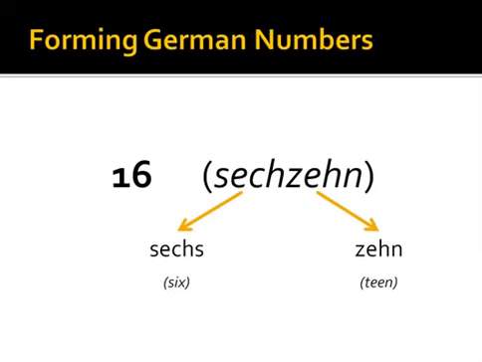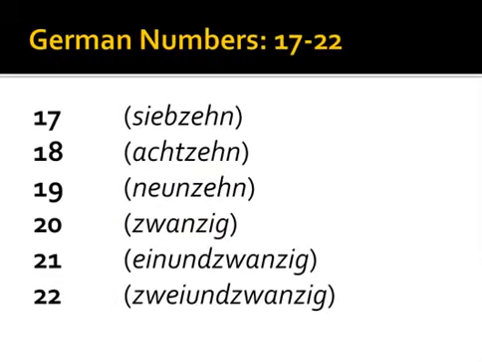We have sechs, which is 6, and zehn, which is 10, and which is analogous to the English teen. And this continues on to the numbers 17, 18, 19, 20, 21, 22.